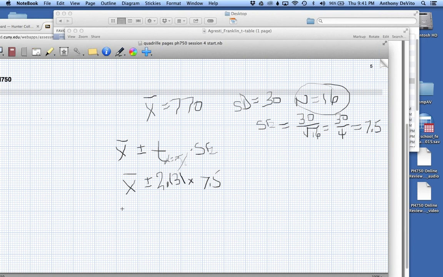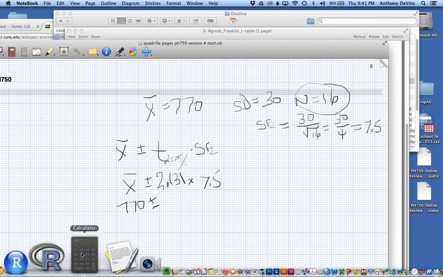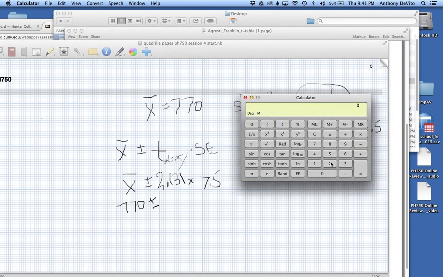2.131. Okay, so x bar is 770 plus or minus, and let's resolve this. 2.131 times 7.5 equals 15.98, roughly 16.